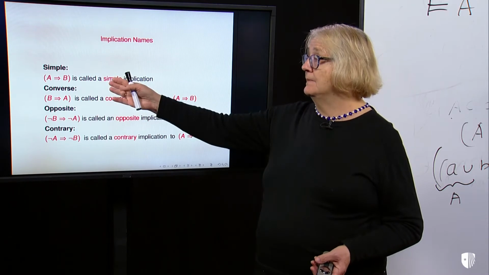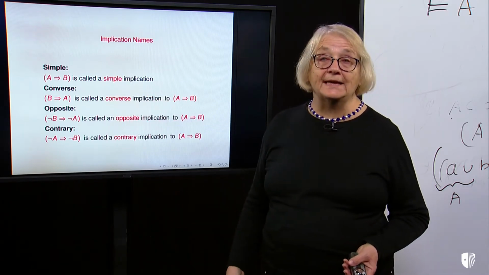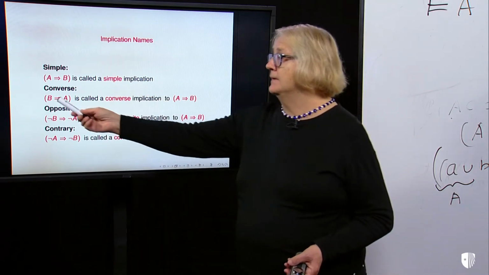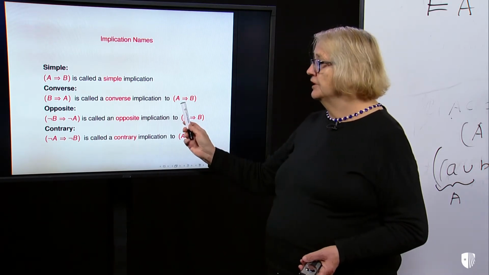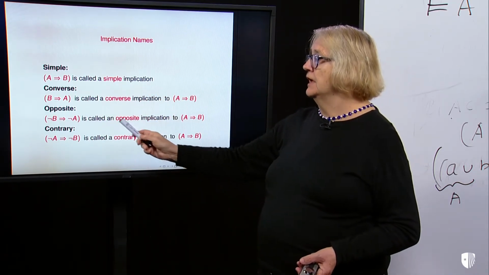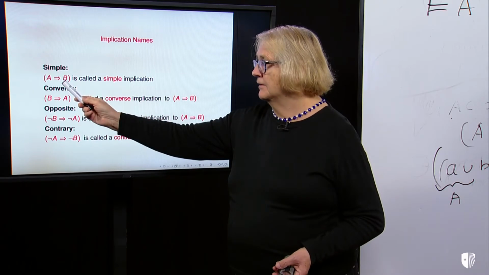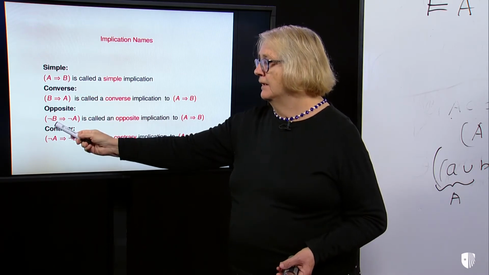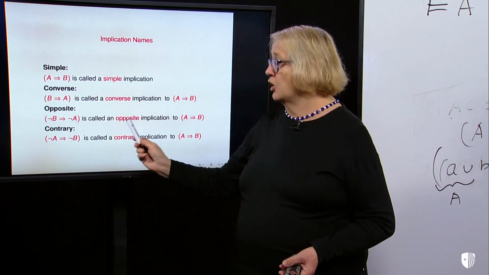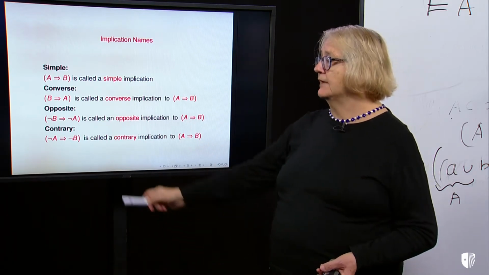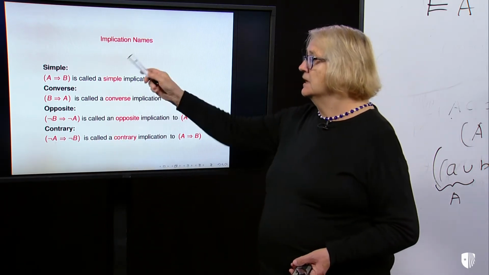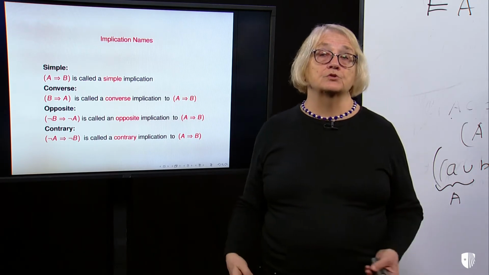We say A implies B is called simple implication. B implies A is converse. Not B implies not A is opposite to A implies B, and contrary is not A implies not B. So these are words we use.